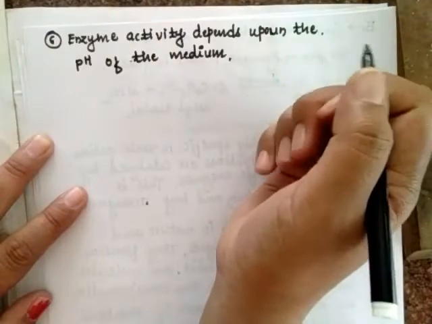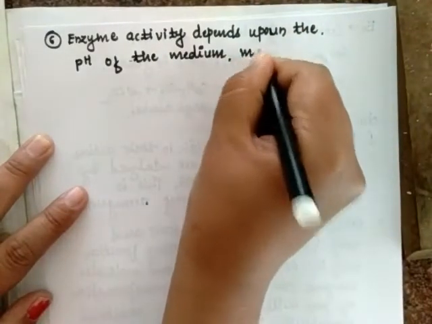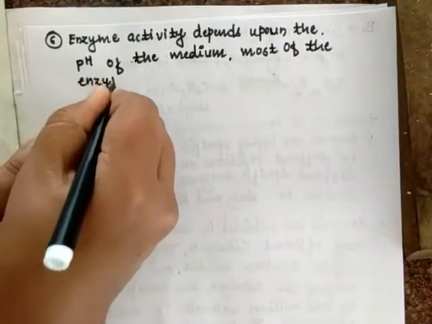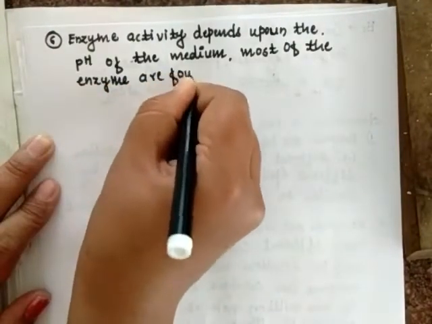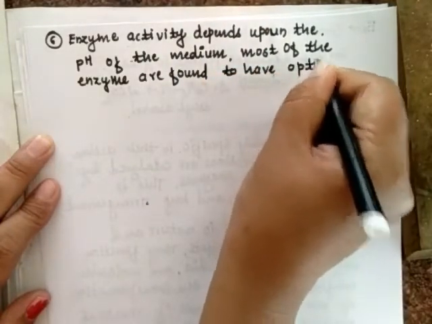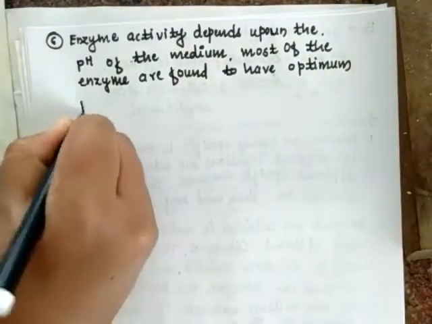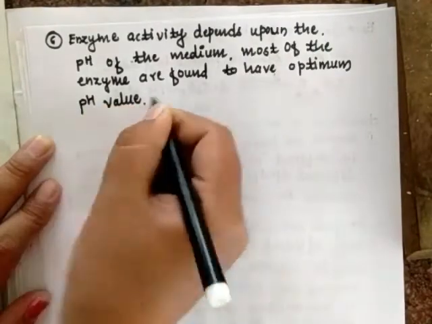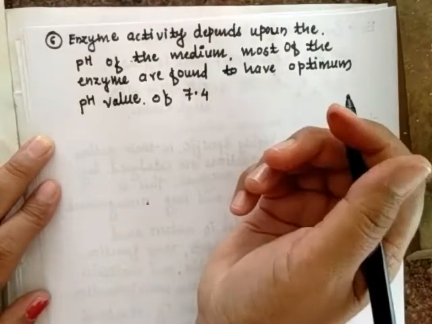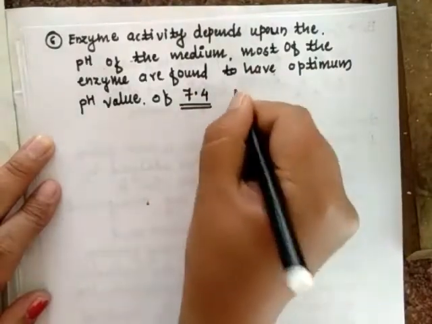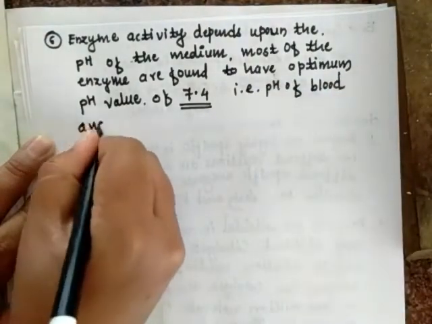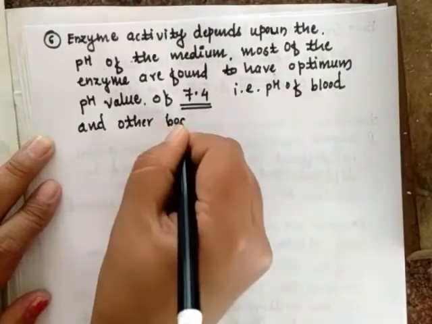That is, most of the enzymes are found to have an optimum pH value of 7.4, that is the pH of blood and other body fluids.